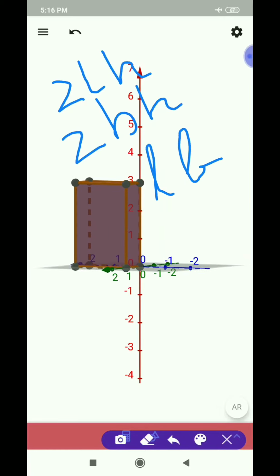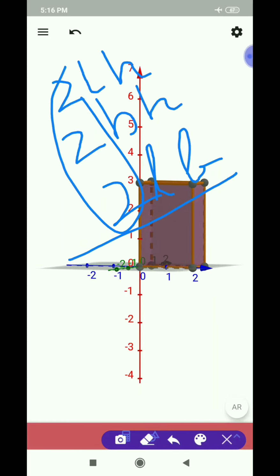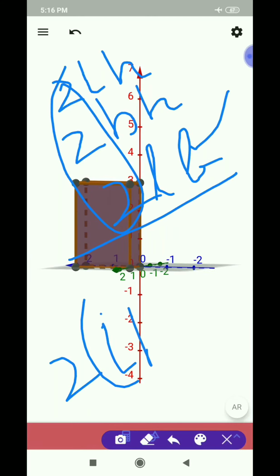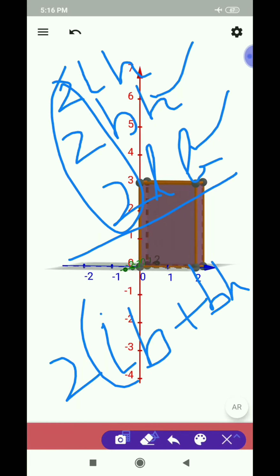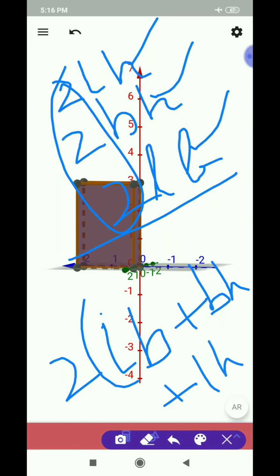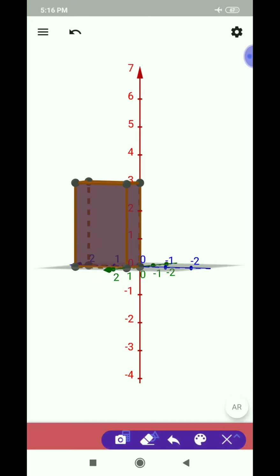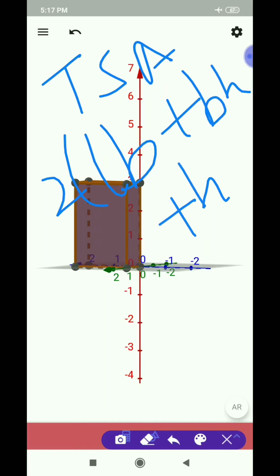So they are 2LB. In total, we can take 2 as common. So 2 into the first one, LB, plus the second one, BH, plus the third one, LH. So the total surface area of a cuboid is 2 into (LB plus BH plus HL).